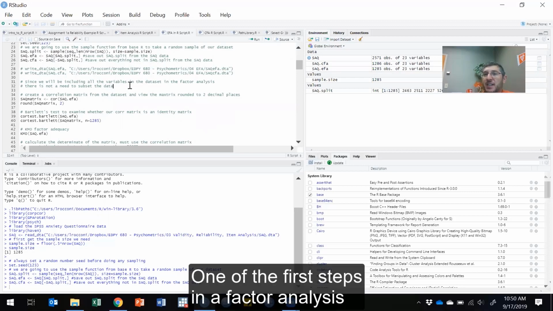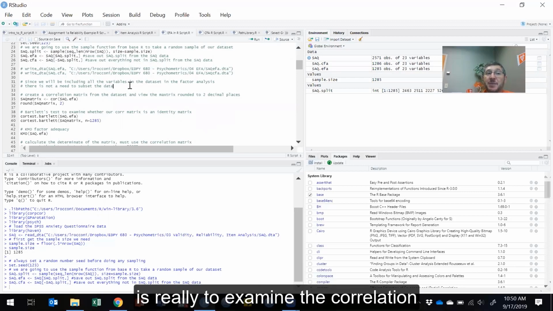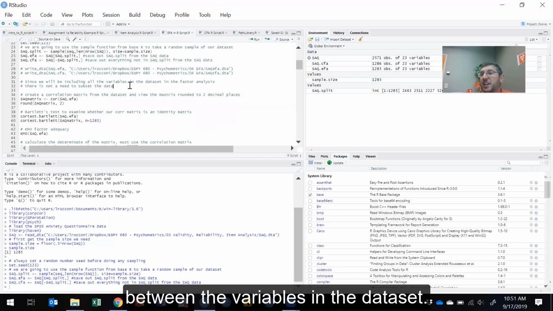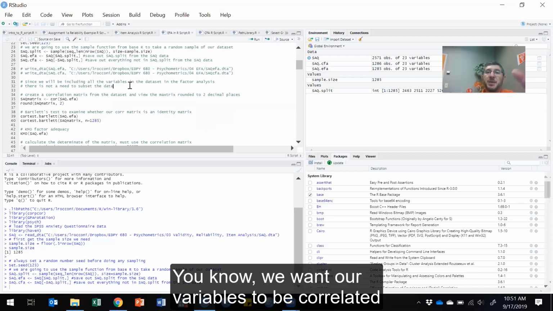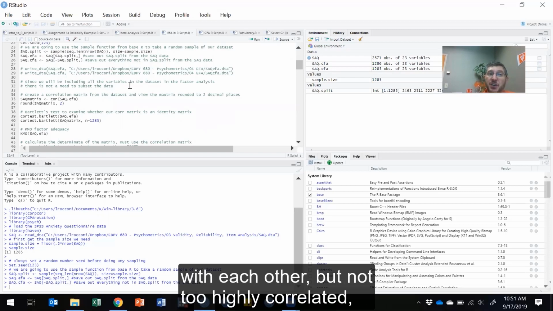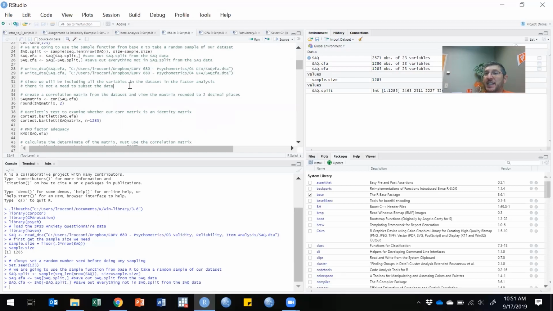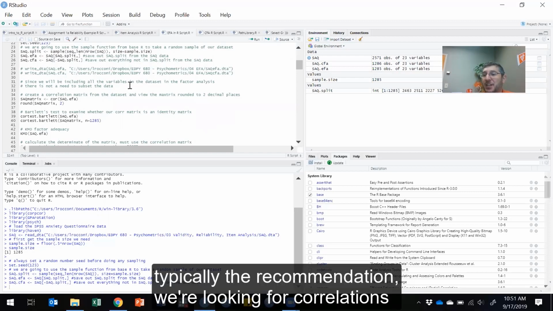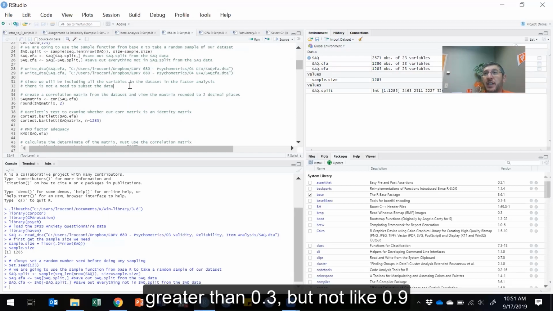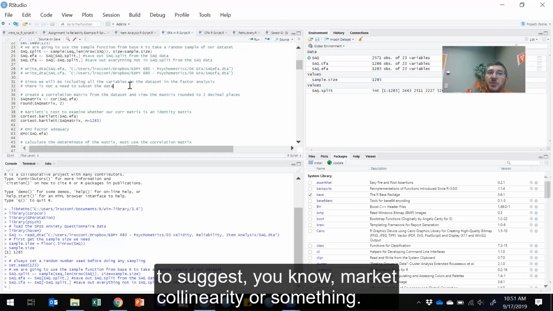One of the first steps in a factor analysis is really to examine the correlation between the variables in the data set. We want our variables to be correlated with each other, but not too highly correlated. Typically, the recommendation is we're looking for correlations greater than 0.3, but not like 0.9, which would suggest multicollinearity.